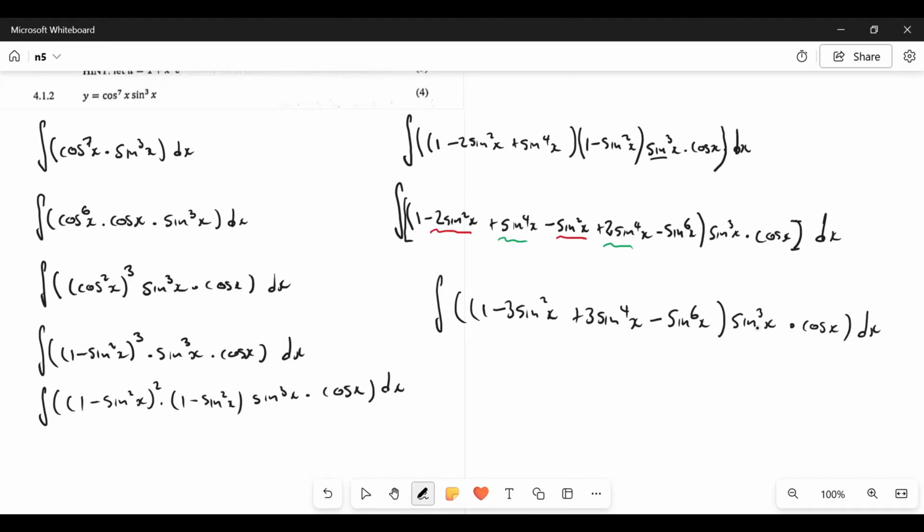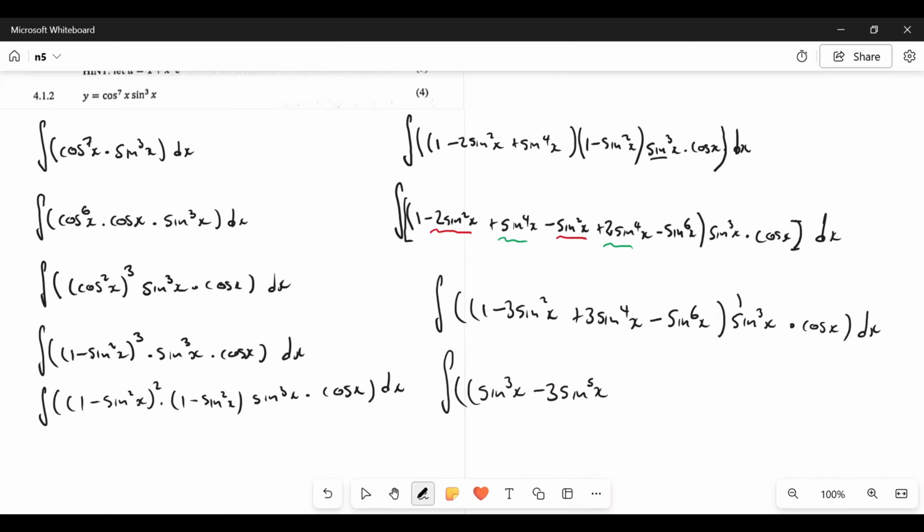So we need to get rid of the brackets, meaning we have to multiply this sine to the power of 3x with everything that is inside them. Please do not multiply by cos yet. Sigma. If we multiply this sine to the power of 3 with 1 there, we're going to have sine to the power of 3x, and then we multiply it with negative 3 sine squared. This is going to give us negative 3 sine to the power of 5x. There we go.